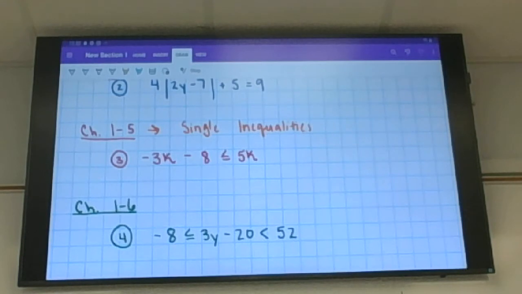Number 4. No, it would be -1. Why would it be negative?